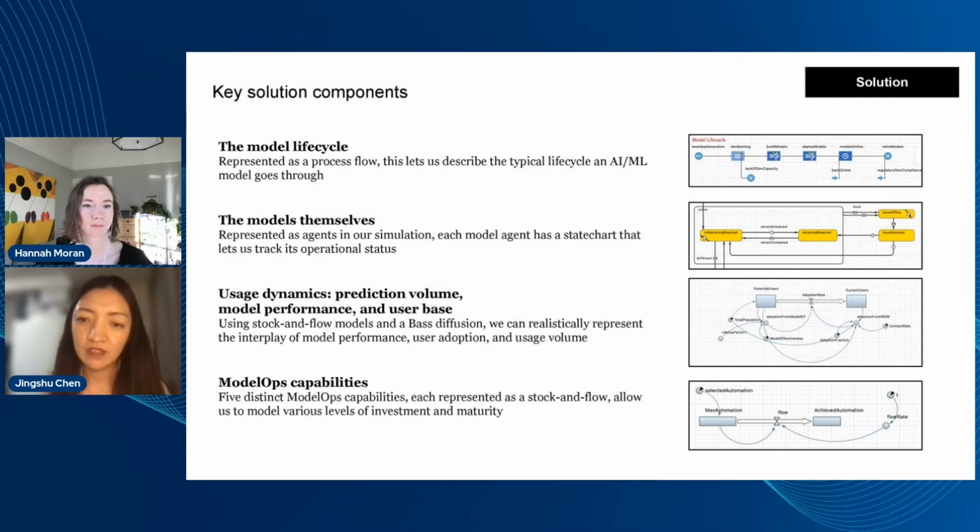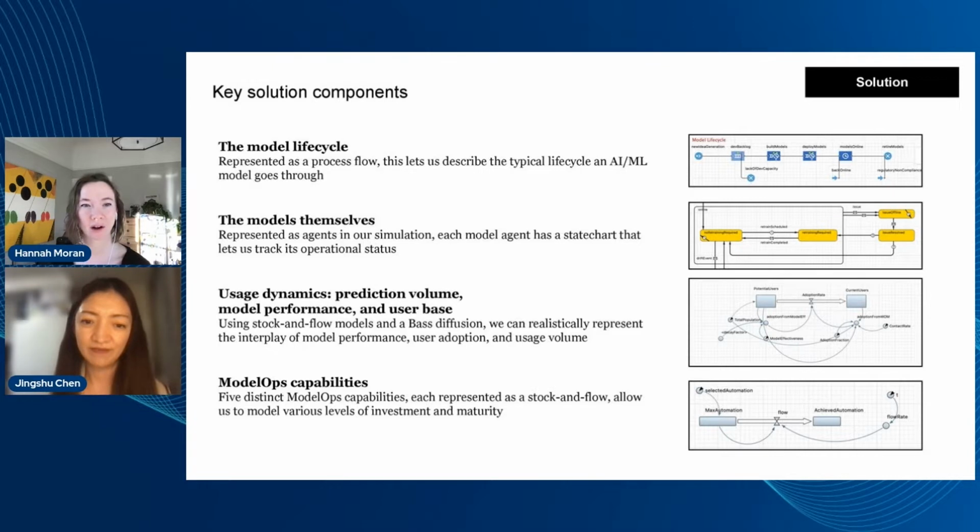In this tool, we demonstrated five capabilities of ModelOps, and each of those was represented as a stock and flow, which allows us to model various levels of investment and maturity. Next I move to Hannah, and she will do a brief introduction of each part of our solution. Hannah, next to you. Thanks, Jingshu.